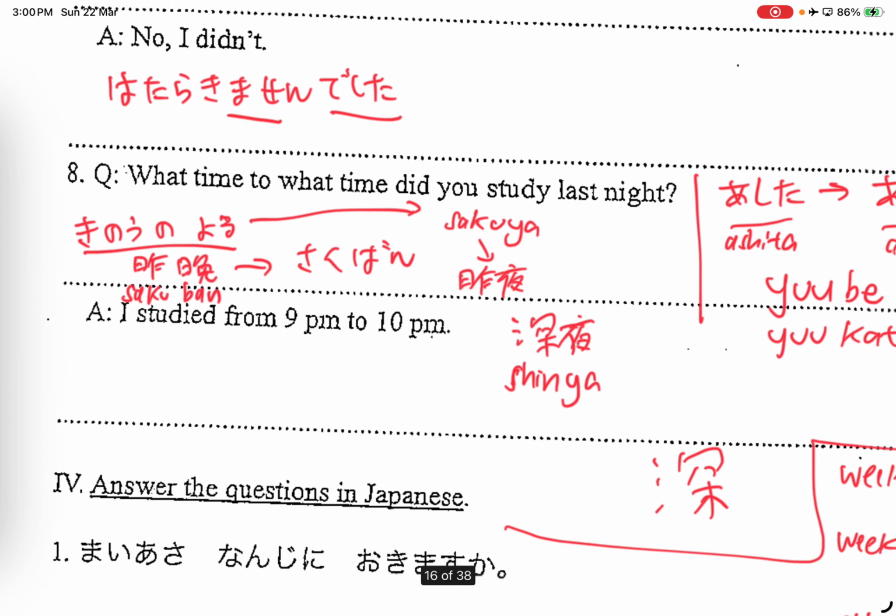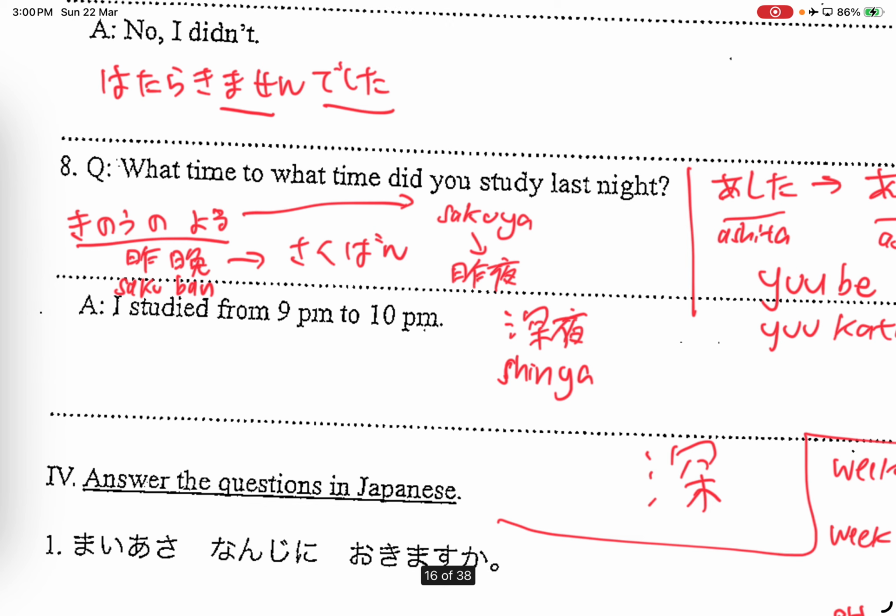Okay, number 8. What time to what time did you study last night? あなたは昨日何時から何時まで勉強しましたか? Okay, you are missing the night. Last night. So 昨日の夜 will be good. So あなたは昨日の夜何時から何時まで勉強しましたか?